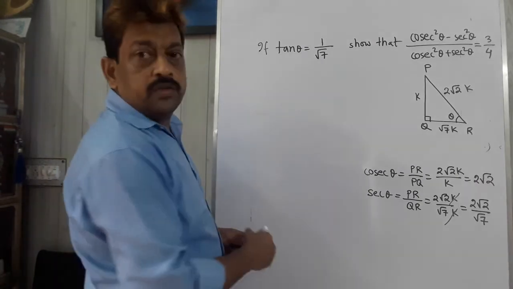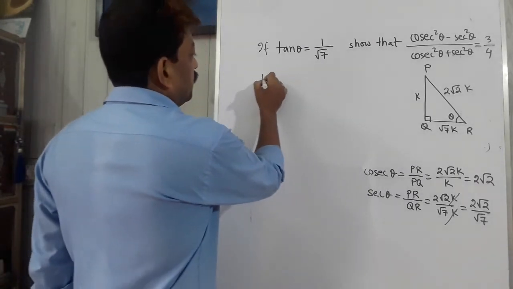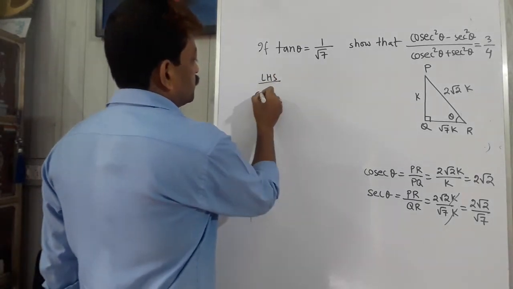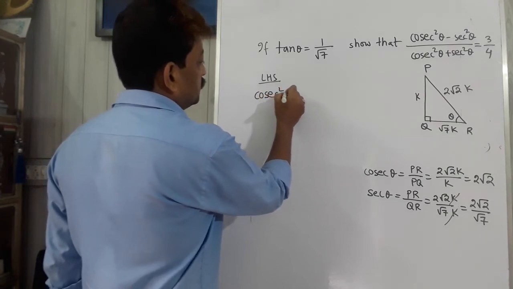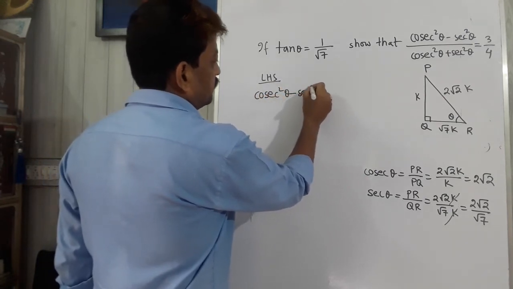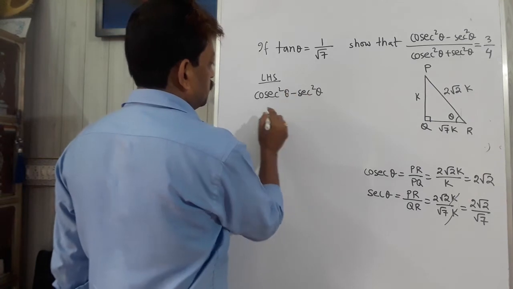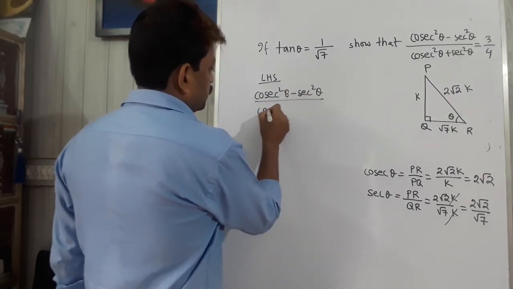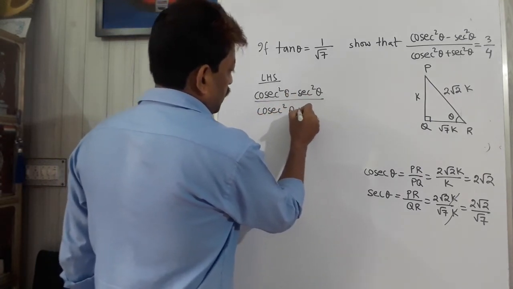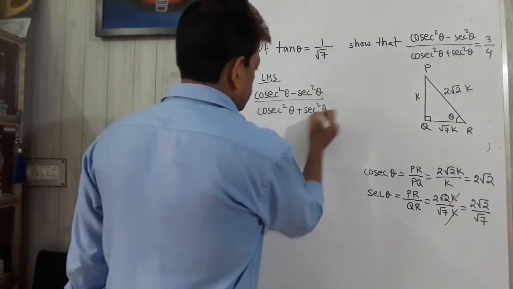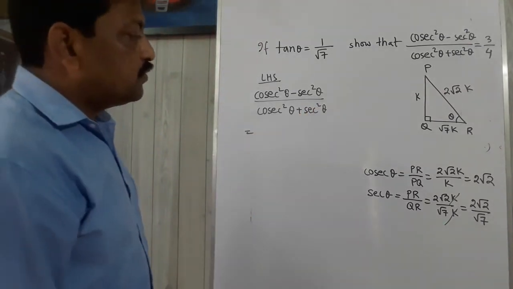So LHS of the question is cosec square theta minus sec square theta by cosec square theta plus sec square theta. So what is cosec square?